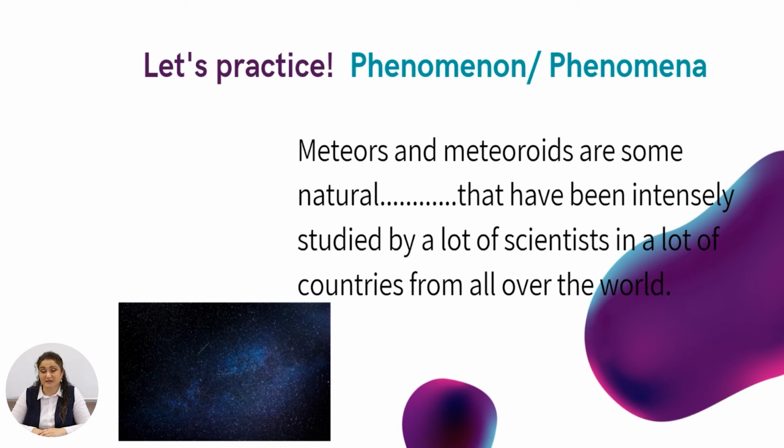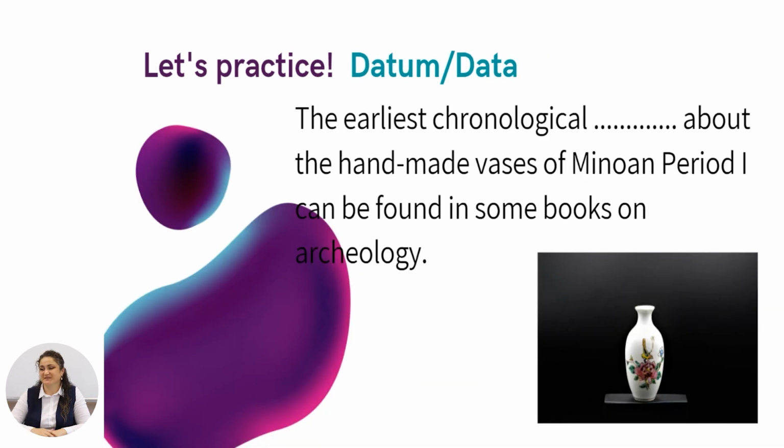Phenomena, and the sentence will sound: meteors and meteoroids are some natural phenomena that have been intensely studied by a lot of scientists in a lot of countries from all over the world. Great job.